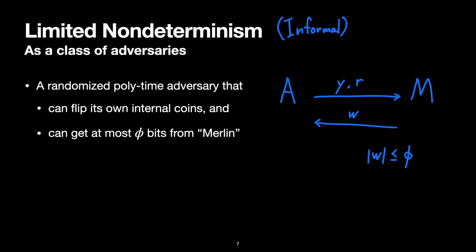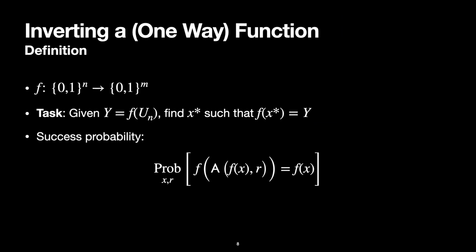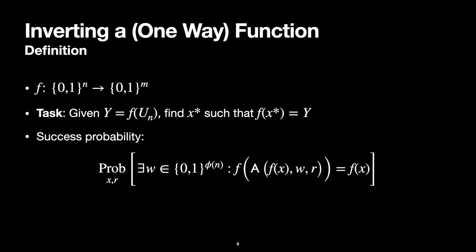So let's now return to our one-way function definition and see how this changes in the limited nondeterministic setting. This was the original classical definition of a one-way function. And what we're going to do is modify the success probability now to capture this limited nondeterministic idea.